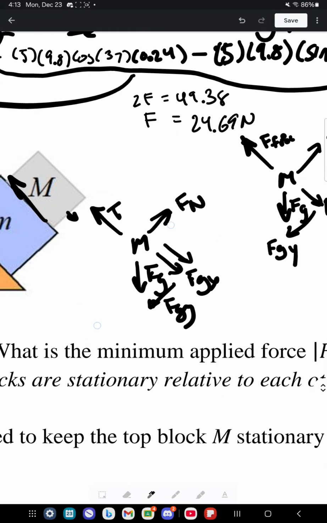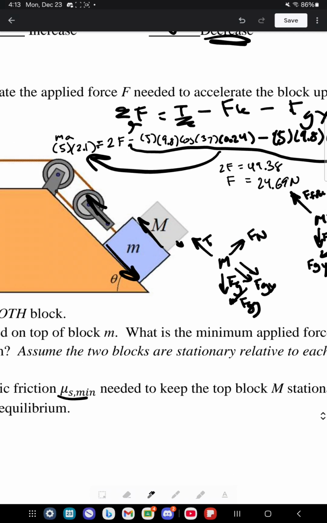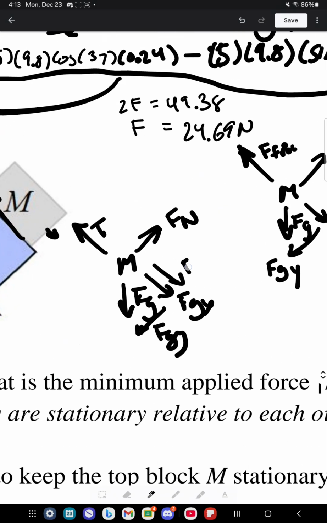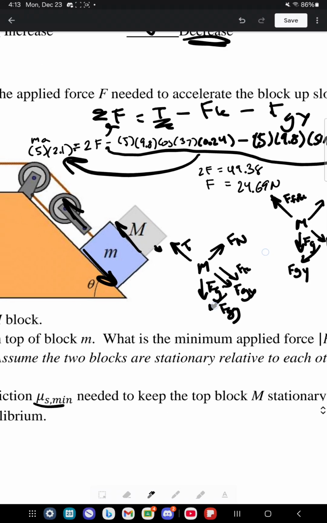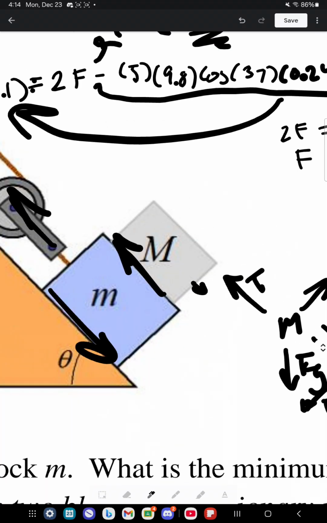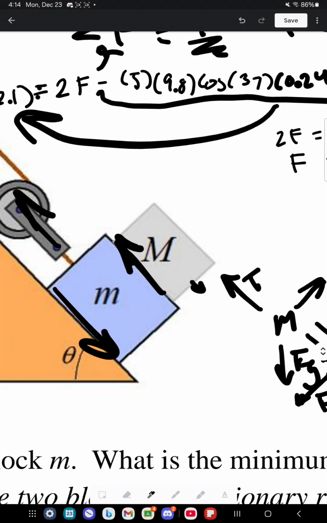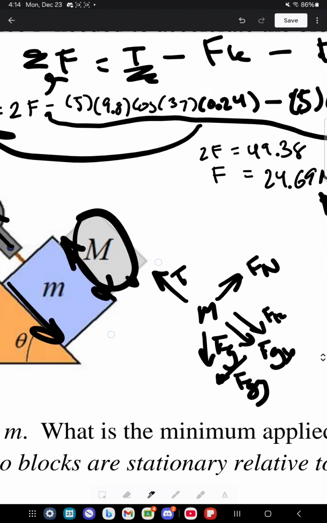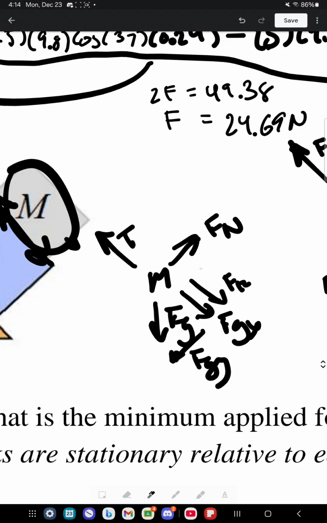One is the friction on the bottom here, which is F of K, because the block is moving, and also this force of friction. It's pulling the top block up, but the top block is also pulling the bottom block down.